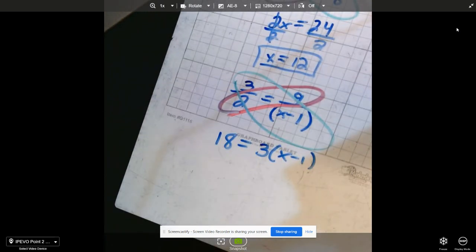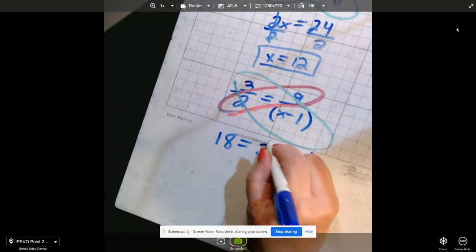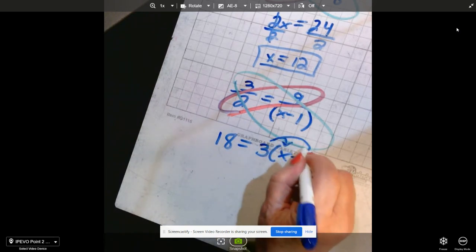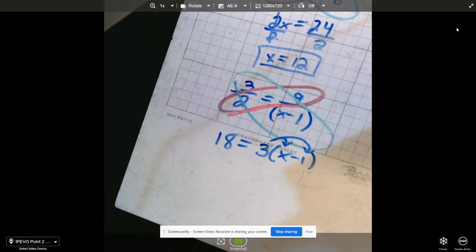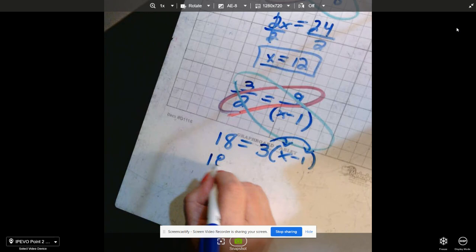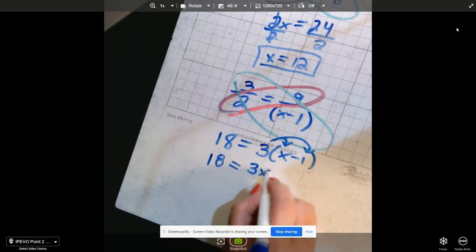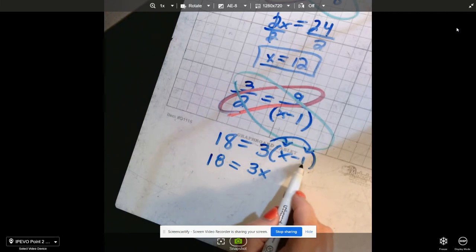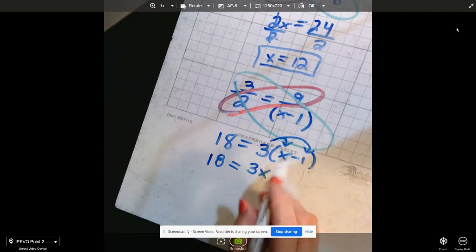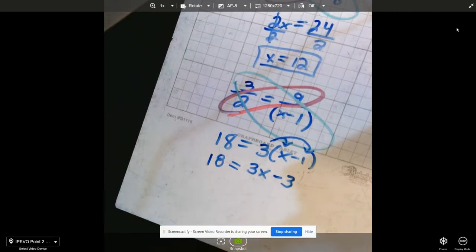Now there's another step. I have to distribute this 3 before I can actually solve the problem. So I'll have 18 equals 3 times x, which is 3x, and 3 times negative 1, remember the sign always has to go with it, which is negative 3.